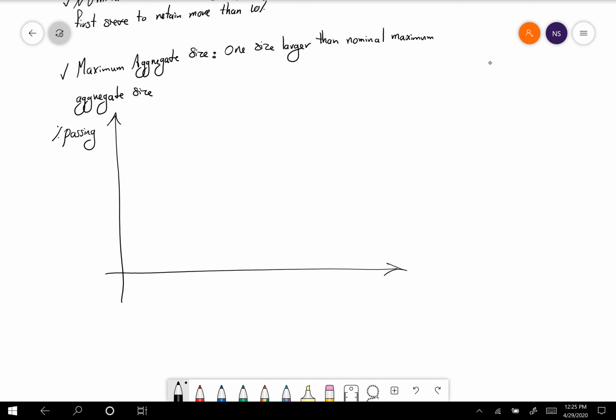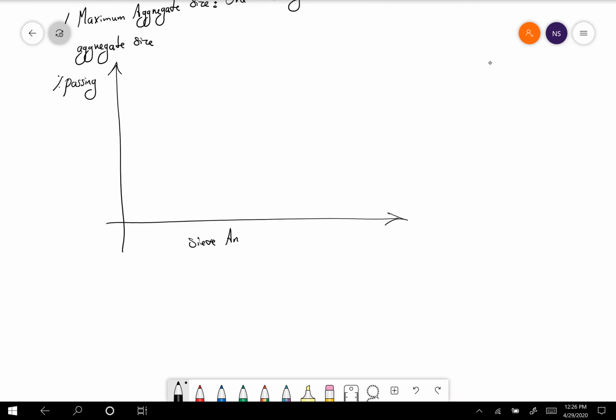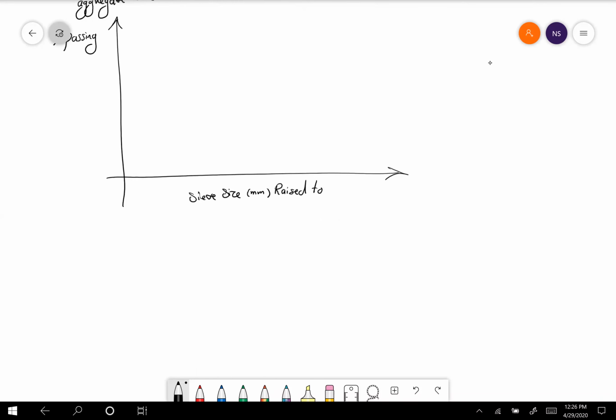So the definition of the x-axis is sieve size or grain size in millimeters raised to the 0.45 power.